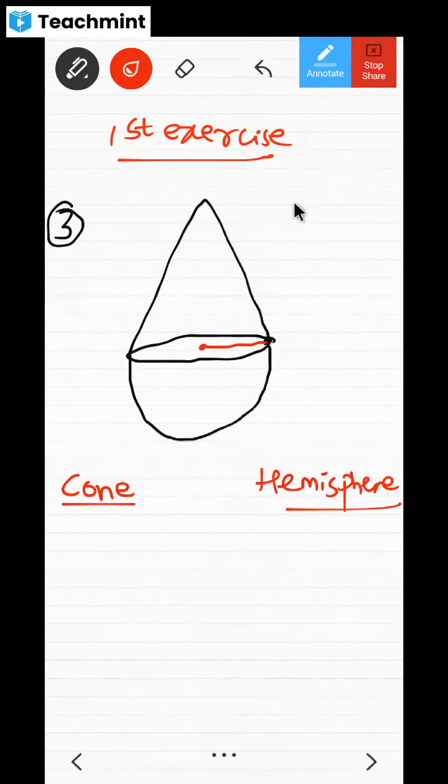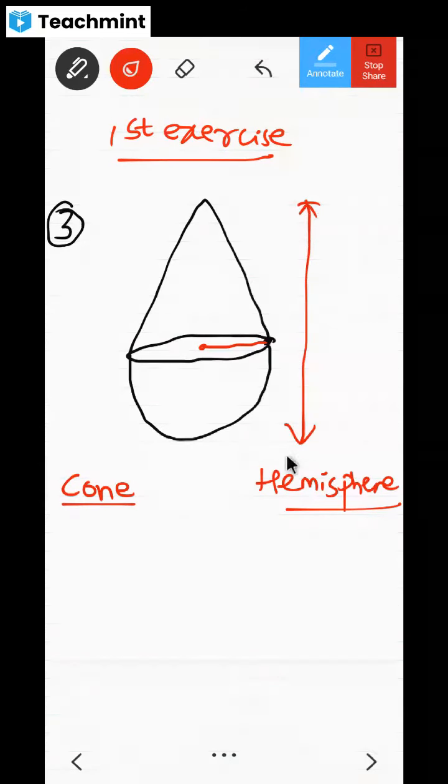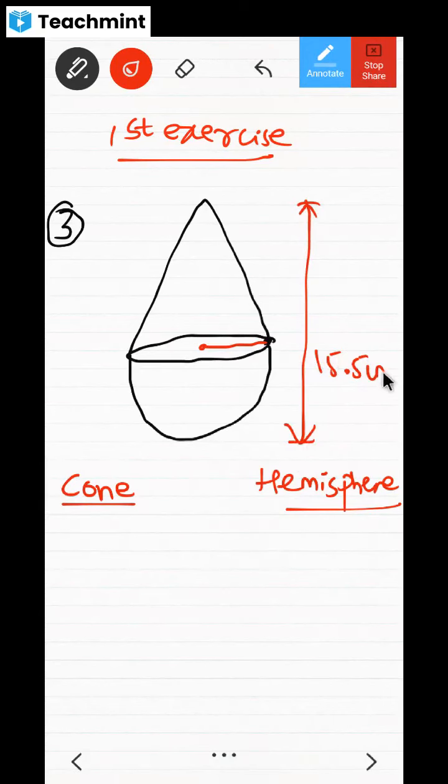The total height of the toy is 15.5 centimeter. And whatever radius the cone has and whatever radius the hemisphere has, both are the same, equal to 3.5 centimeter and 3.5 centimeter.